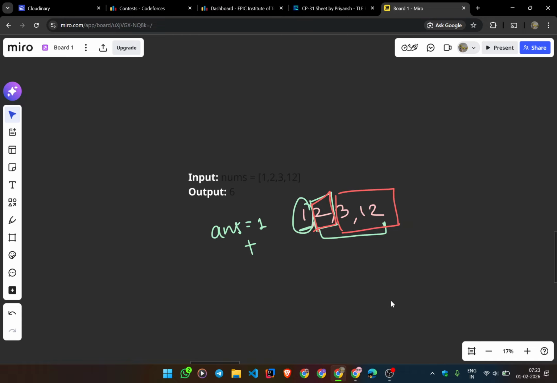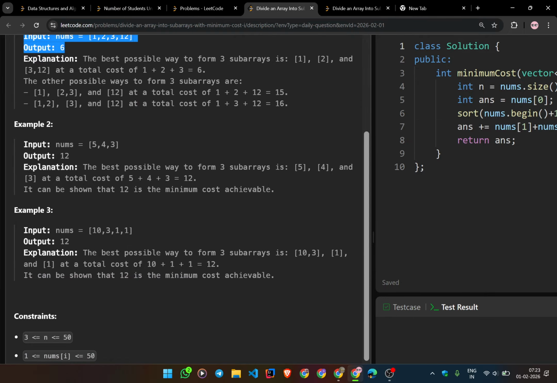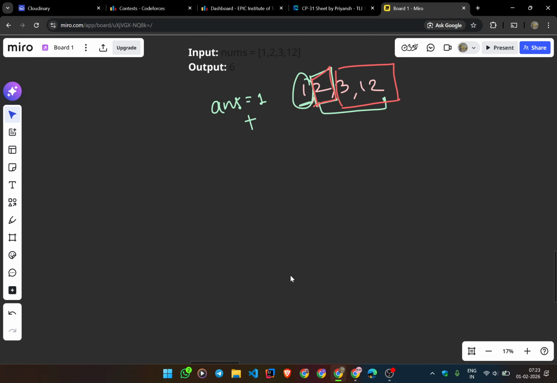After that, let's consider the second example: 10, 3, 1, 1. Let's discuss this one. 10, 3, 1 and 1.